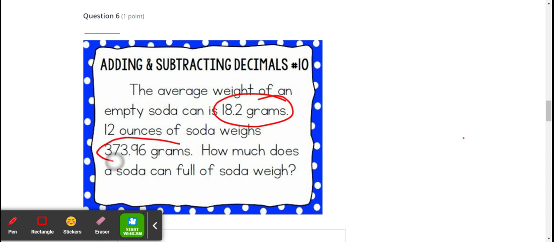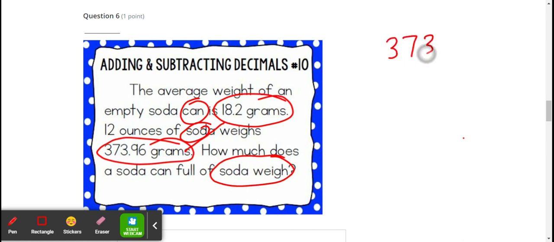Here we have grams and grams. Here's the can and here's the soda. Now we need to put them together. How much is the full can of soda that's with everything in the can? So it's 373 and 96 hundredths grams. Then you have 18 as a whole number, and then 2 tenths.